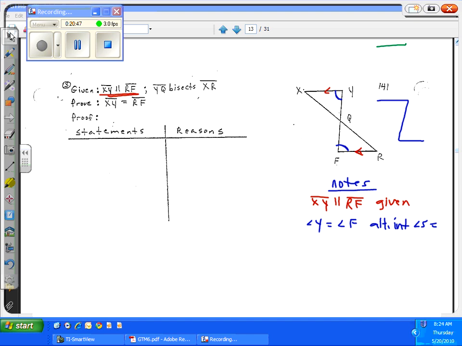We also have a backwards Z in angle X and angle R. So we're going to mark that angle X is equal to angle R. Reason, alternate interior angles are equal. So what we have so far is an angle is equal to an angle.